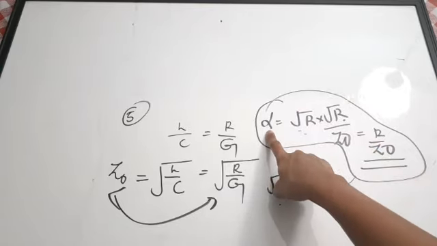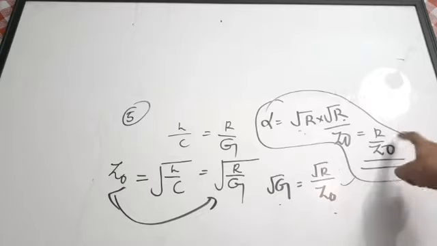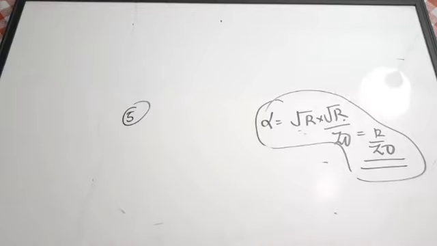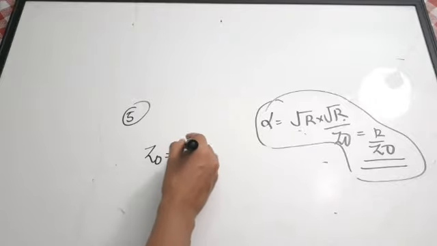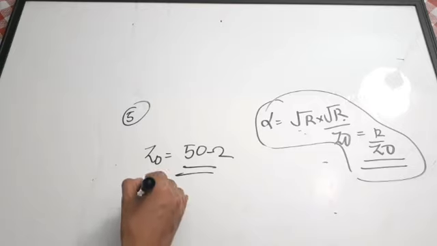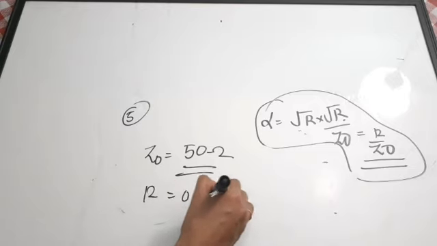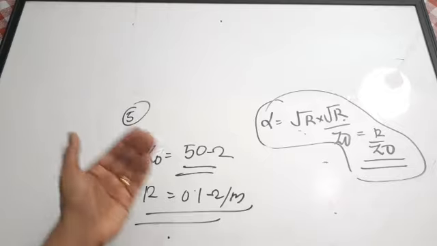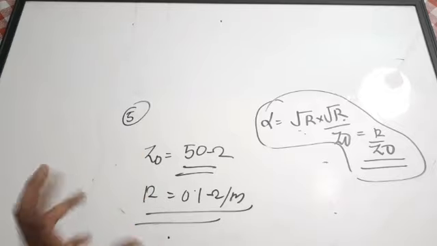That is, attenuation constant alpha equal to R by Z0. Now from this question, what all things are given here? In the question, the characteristic impedance is given directly, Z0 equal to 50 ohms. And the resistance is also given, R equal to 0.1 ohm per meter. So these are the only values we require to find the attenuation constant.